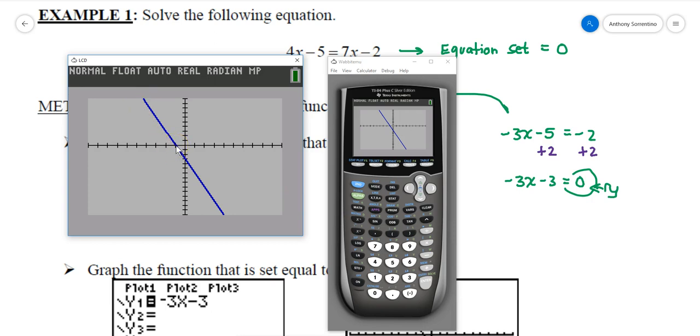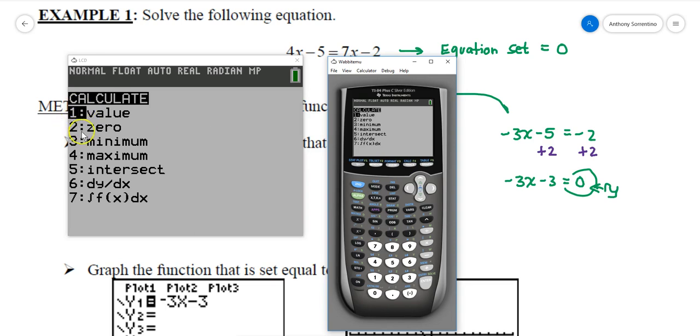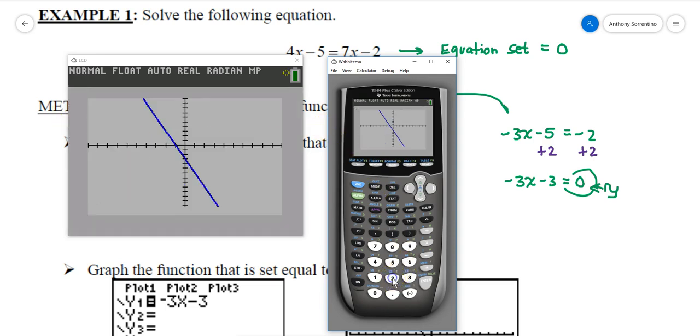Now I can see from this graph that it looks like it's at negative 1, but just to be on the safe side, I could also go to my calculator and choose choice 2. I want you to find the 0 of this function. Now it's going to ask for a left bound, which means I want to pick a value of x that makes this blinking cursor to the left of the intersection point. Since I think it's at negative 1, based on the previous work I've done, I'm just going to put this at negative 2 so it's somewhere to the left.